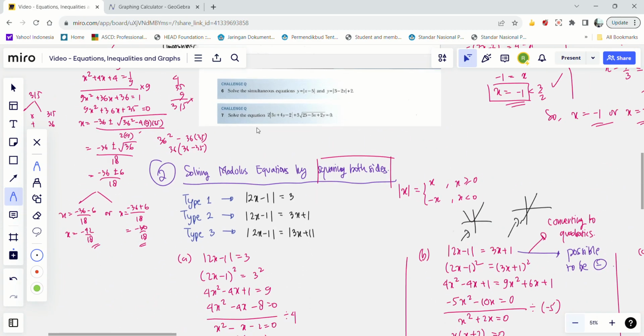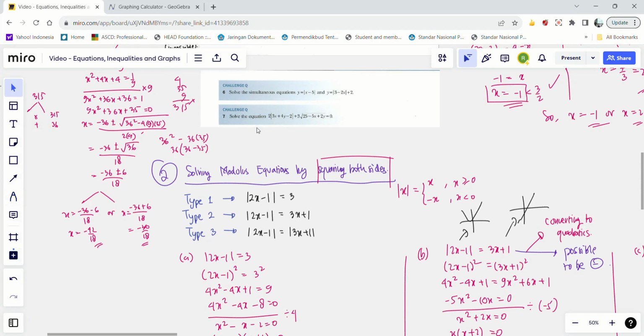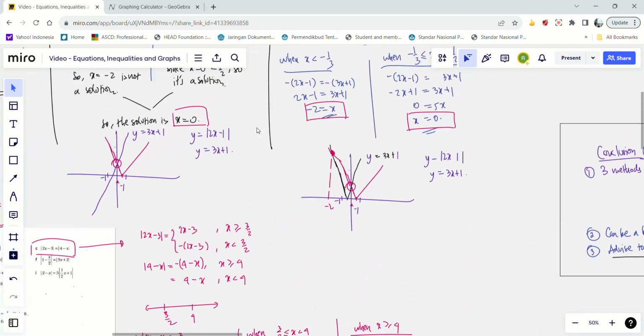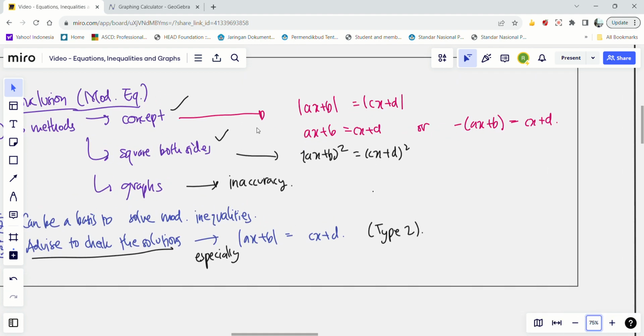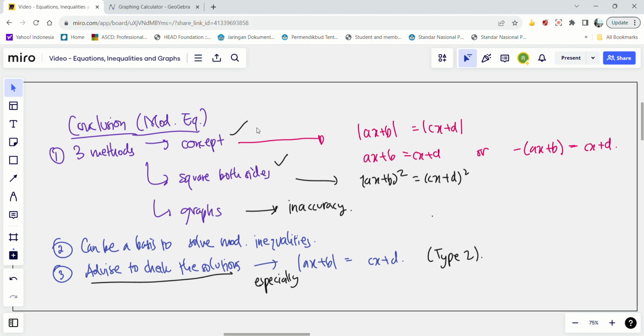And then again, before I finish the video, I'll just remind you of the conclusion that we have for the modulus equations. Please do remember this. Whenever we deal with modulus inequalities after this, there will be another video for that.